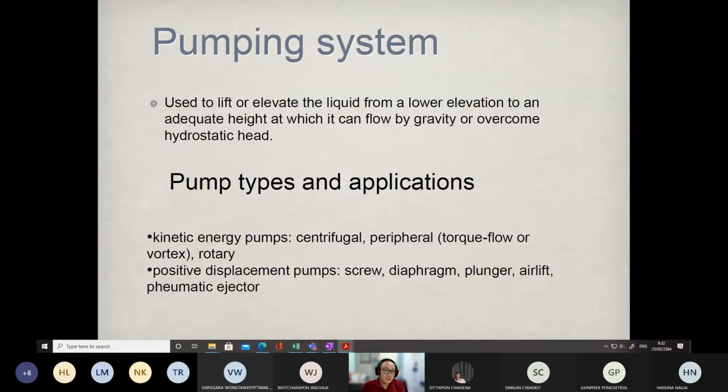The one which we normally use is the centrifugal pump. These centrifugal pumps we use for various purposes. Sometimes we use them to transfer water from lower elevations to upper elevations, or sometimes we use these kinds of pumps to increase the pressure in the piping system in our house.